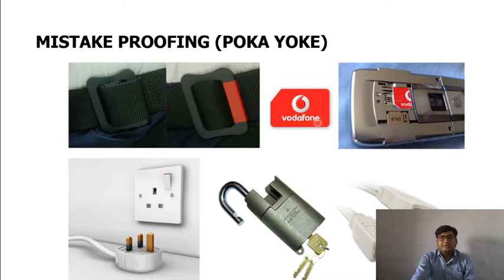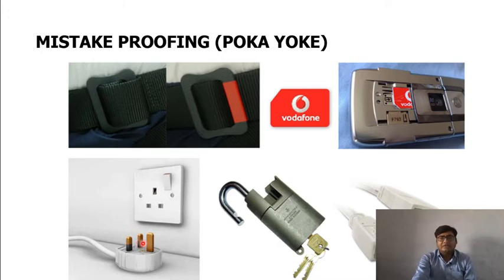This SIM card, we all know, has this slot, and what this slot does is make sure that the SIM card is not inserted in the wrong direction. So even if you want to, you cannot insert the SIM card in the wrong direction. That means SIM card insertion is a mistake-proof process.